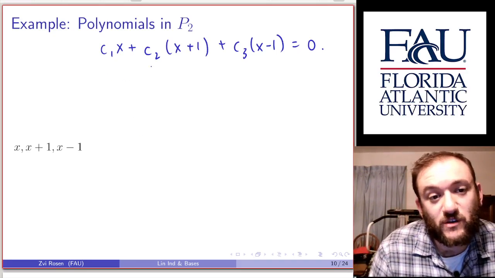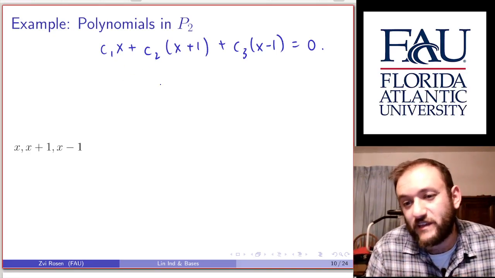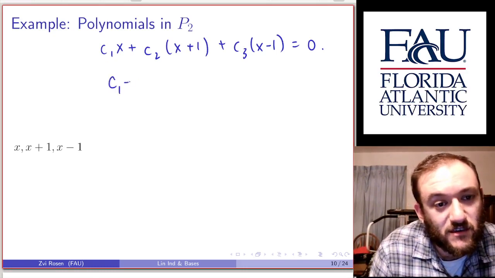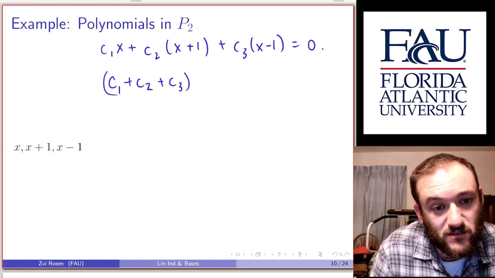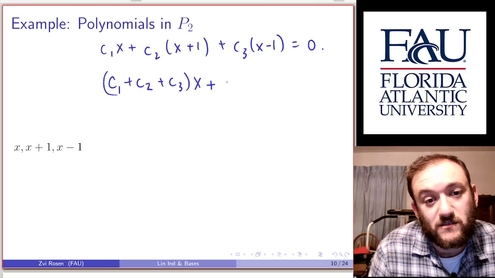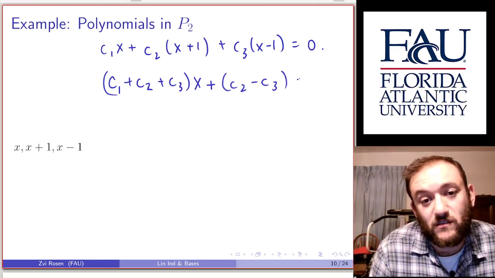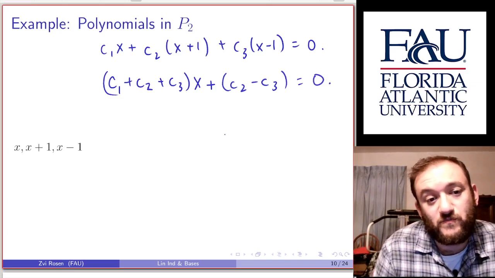Well, straight away, I can combine like terms, and what I get is (c1 plus c2 plus c3) x plus (c2 minus c3) is equal to 0.